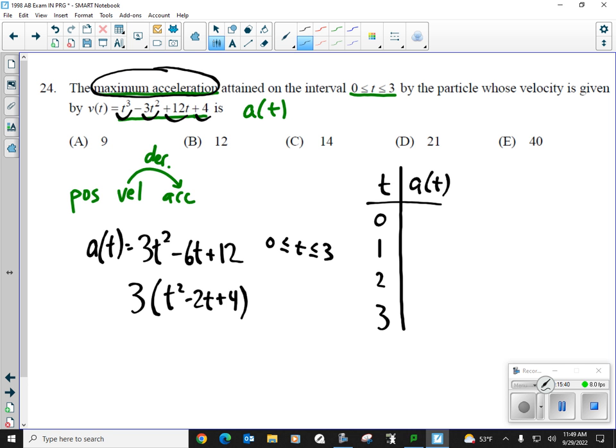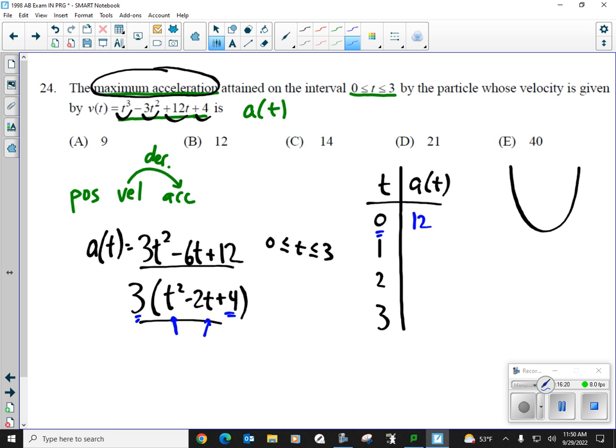I just want the biggest value. It's that simple. Now, keep in mind, kids, this is a parabola, so it's opening up. If I put a 0 in for t, I get 4, because the other terms go away. 4 times 3 is 12.